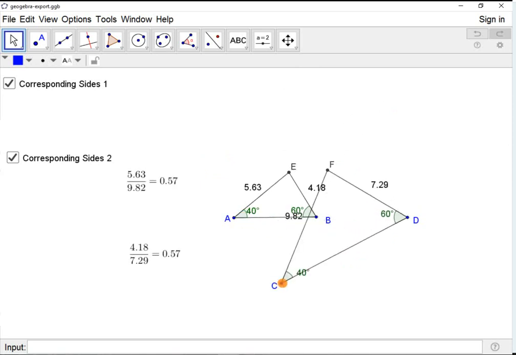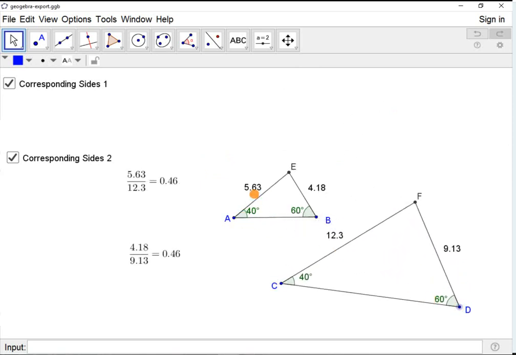But do you see that when I take that segment divided by that one, I get 0.46? Take that one divided by that one, I get 0.46. Does anybody know what I'll get if I take AB divided by CD? 0.46. Okay. Does anybody know what these two triangles are called?